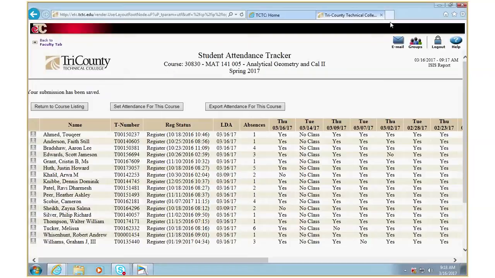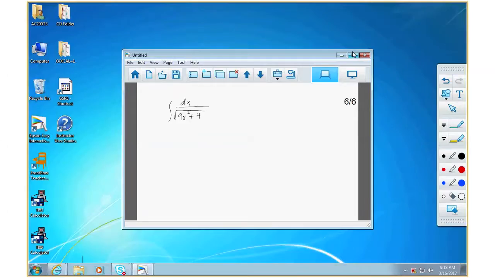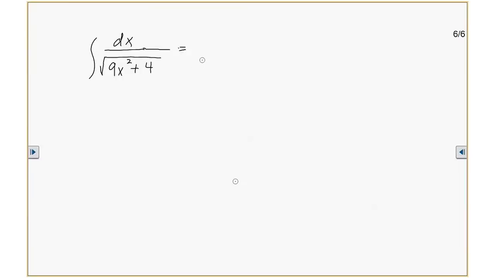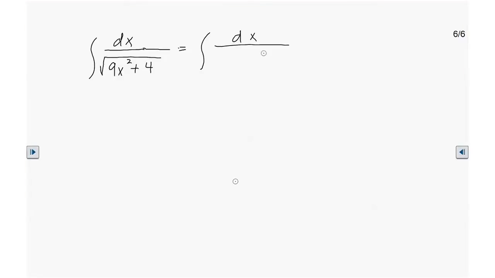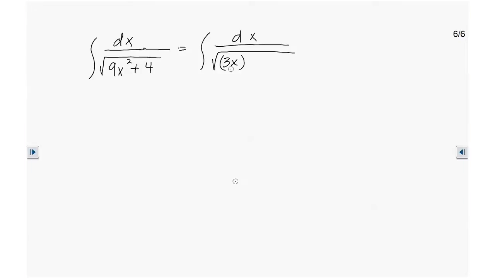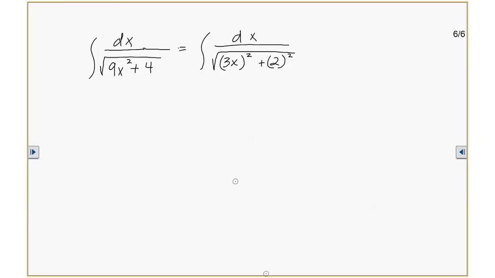Okay, so what did y'all come up with? Y'all finished? Which one is it? Well, rewrite it. I'm sorry, folks, my back feels like I've been run over. dx over the square root of 3x squared plus 2 squared, right?